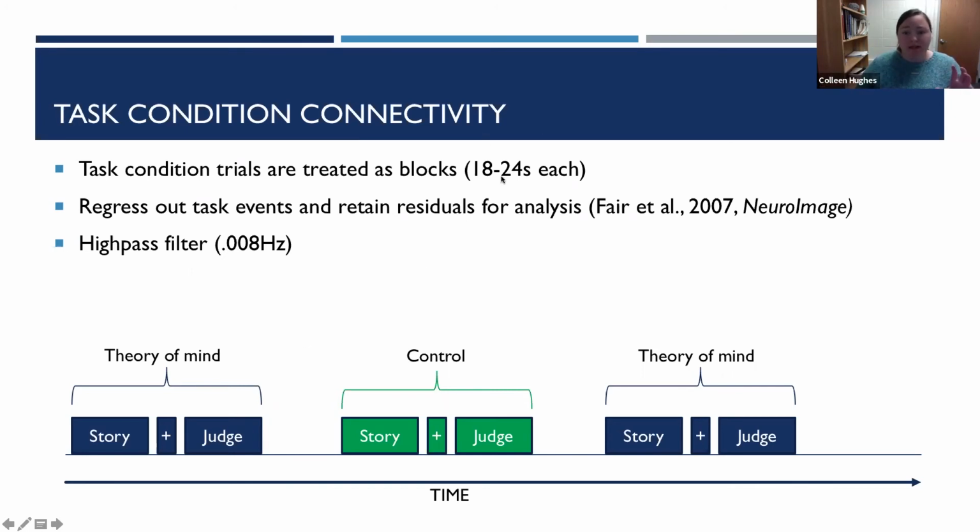Typically, and ours is 18 to 24 second blocks, that's pretty typical from what I've seen, like with the Human Connectome Project. And then what you want to do is regress out the task events, both the onset as well as the duration of the task events in the condition you aren't interested in, to get what's left over in the co-fluctuations. So not the co-activations, but how they're moving together in time.